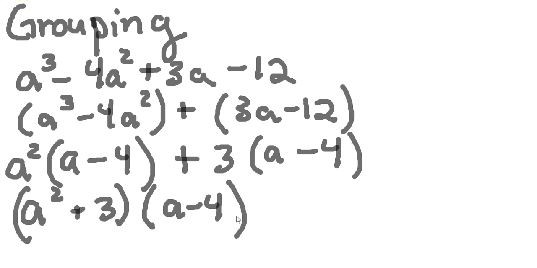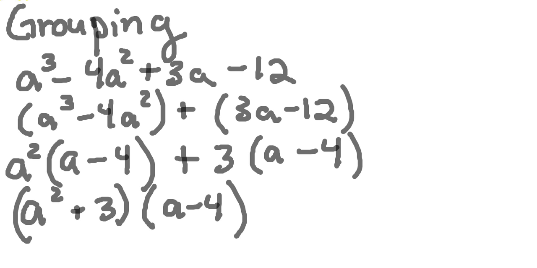Since we have that a minus 4 on each of these terms, we can just group them together, take what we're multiplying in front, and multiply them all together, which means open a squared plus 3 close, open a minus 4 close.